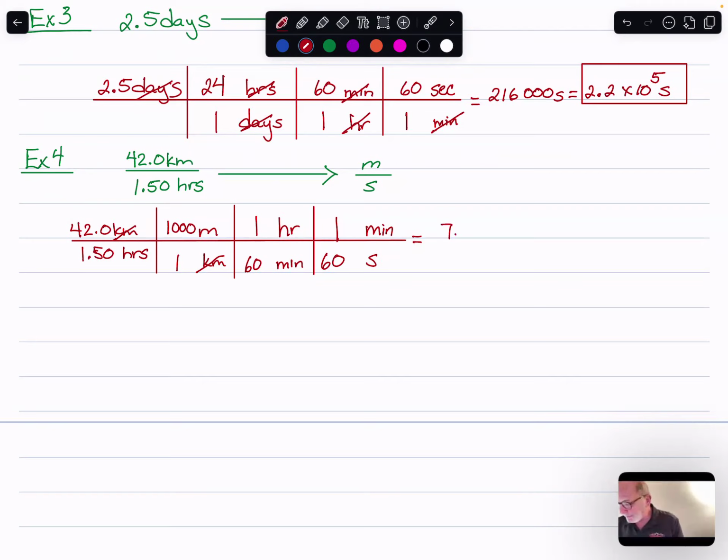You get that the cyclist is going 7.78 meters per second. Okay? Notice my units are going to cancel hours, minutes, cancel minutes. I'm left with a unit of meters per second.